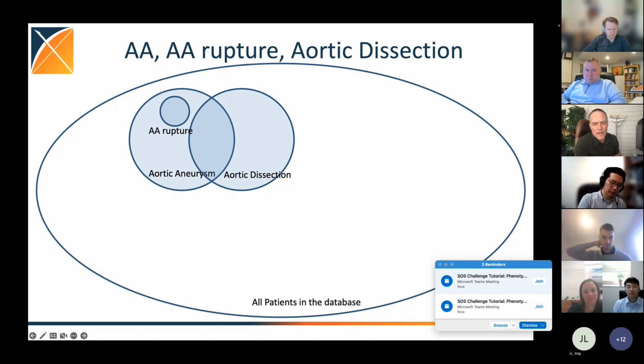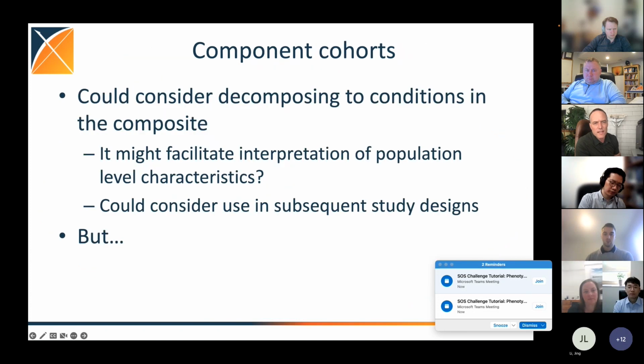And so what I'd suggest here is that we try to decompose these into their constituent component diseases, not because I don't think we should do a composite outcome, but just in terms of the phenotype evaluation and validation process, that was a way that I thought we might be able to validate those constructs and then combine them again into a composite, having made the case that independently they look like valid phenotypes. But this proved to be a bit of a challenge, and I'll show you why.